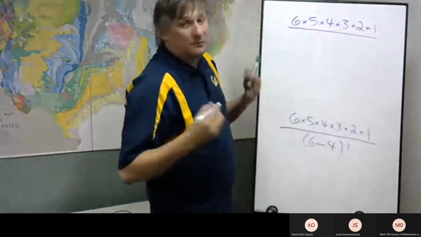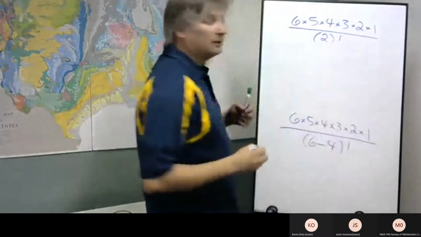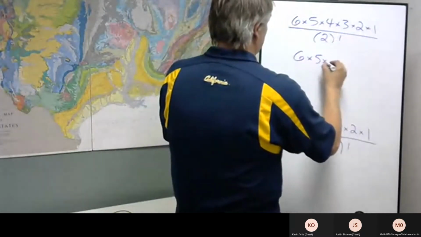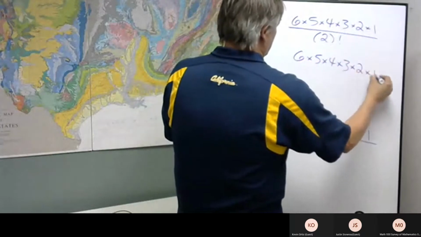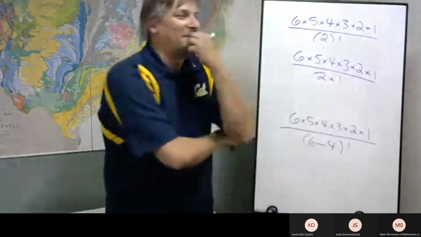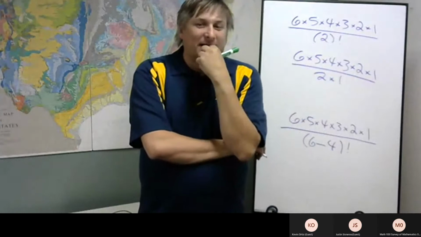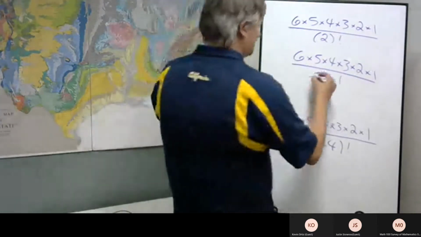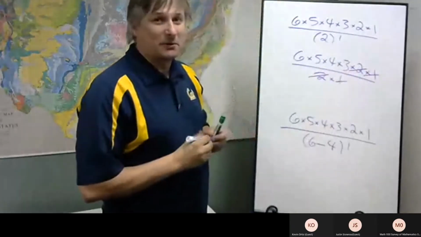What's 6 minus 4? Well, it's 2. So you get 2 factorial. What does that become? I'm using x's instead of dots this time. But you're going to get the 2 numbers we want to see things cancel with.